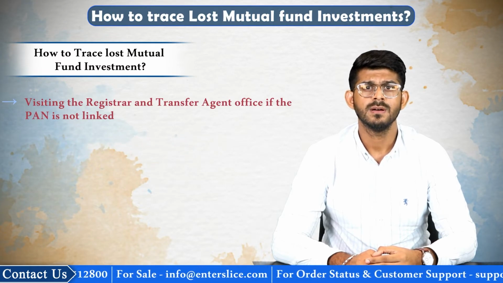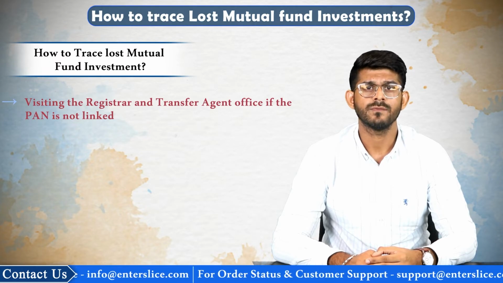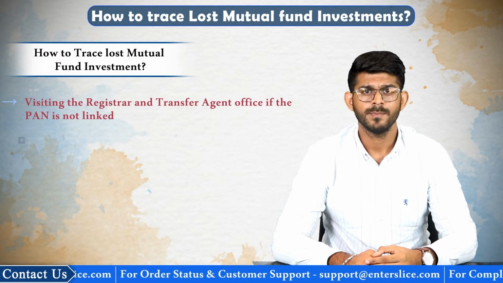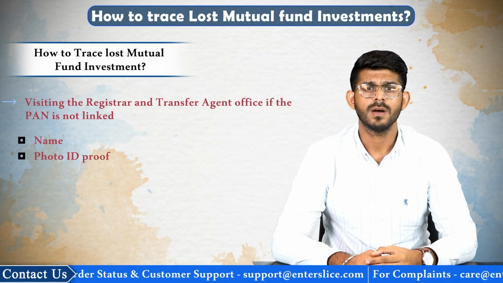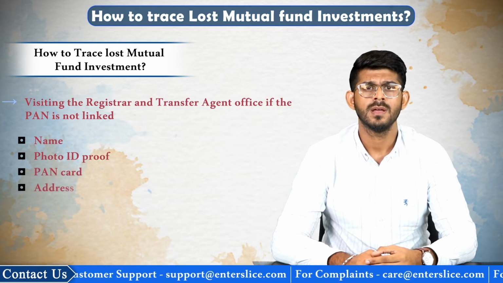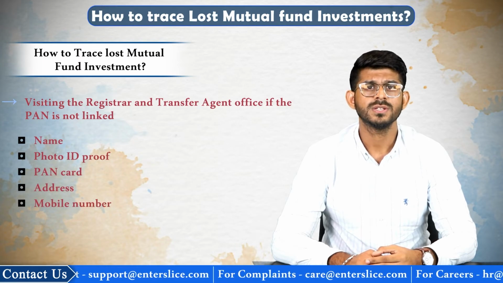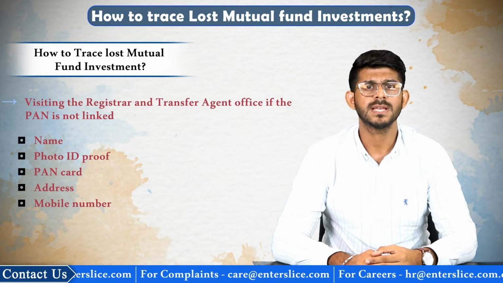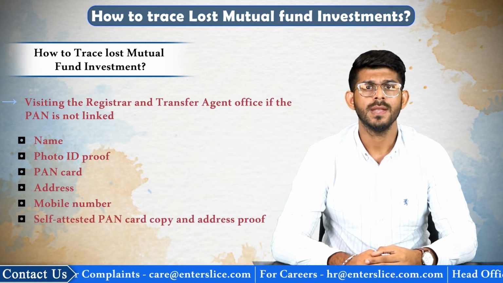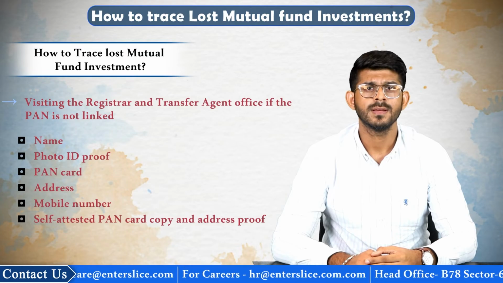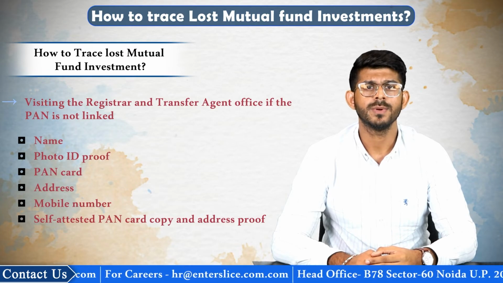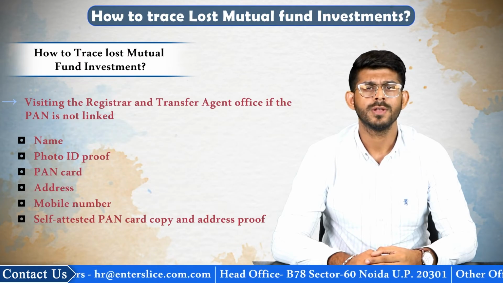The investor must go to the RTA and provide the following information: name, photo ID proof, PAN card, address, and mobile number. The application shall be supported by a self-attested PAN card copy and address proof. After that, the RTA will verify all the documents and provide the folio number to the investor.